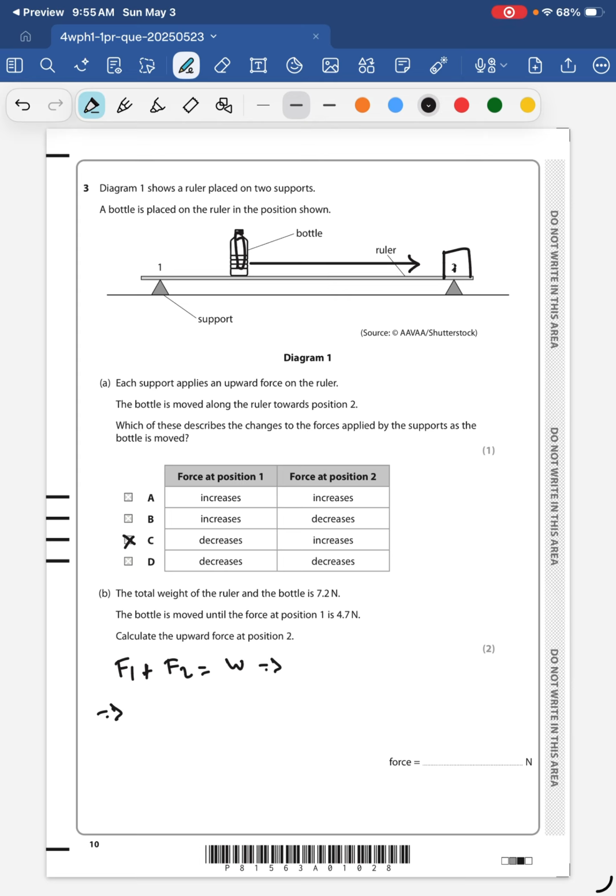So they give us the force at position 1, so 4.7 plus F2 is equal to 7.2. So F2 is simply 2.5 newtons. Okay, so that's the answer. So we can write it down, 2.5.